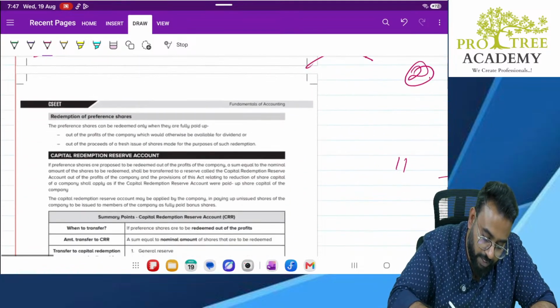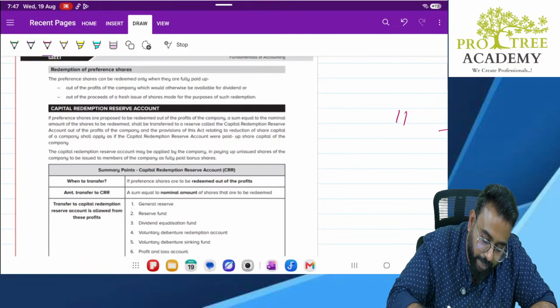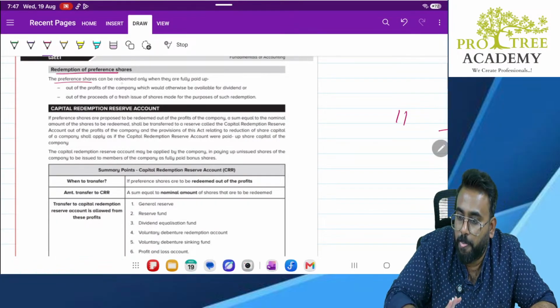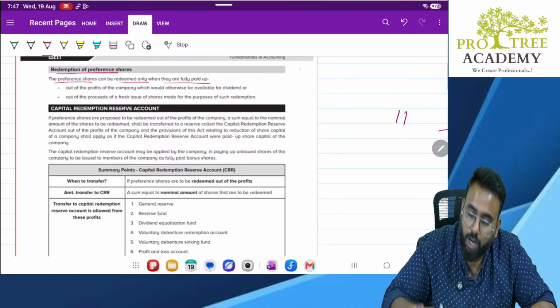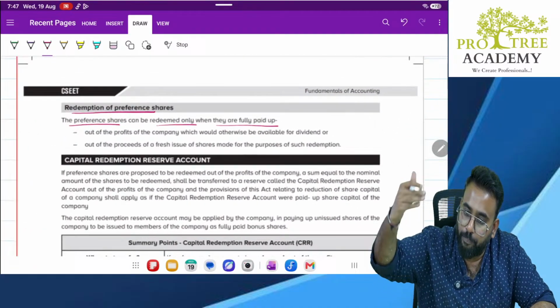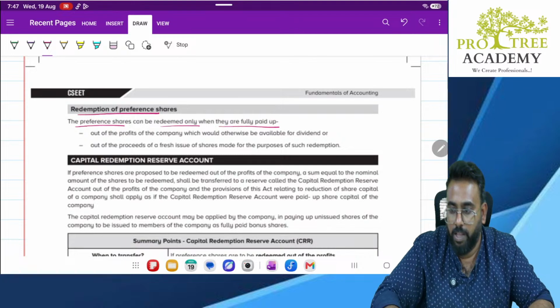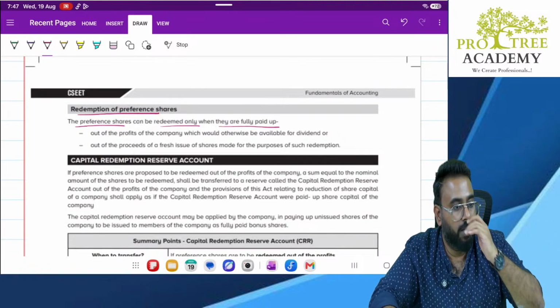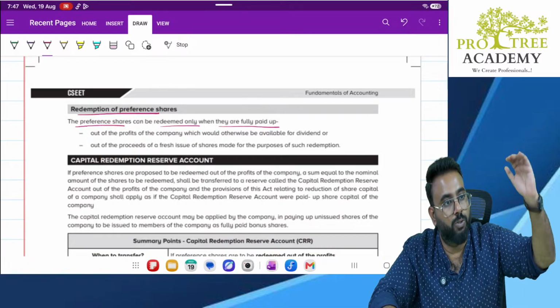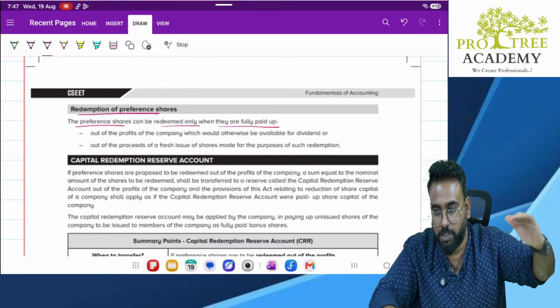So redemption of preference shares, the preference shares can be redeemed only when they are fully paid up. That means what, sir? See, fully paid up andre eno, you should have called all the money and they should have paid all the money. You remember calls, application, allotment, first call, second call, final call. Like that in preference share also you can issue on application, on allotment, on first call, on second call.